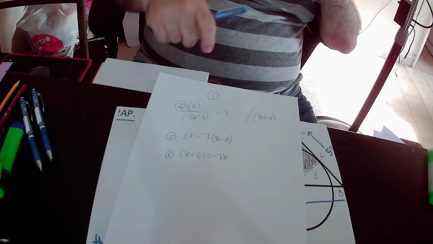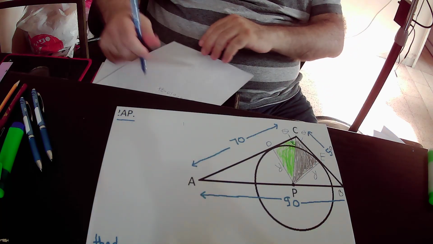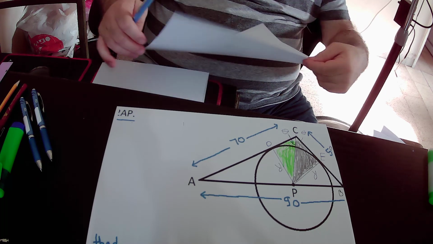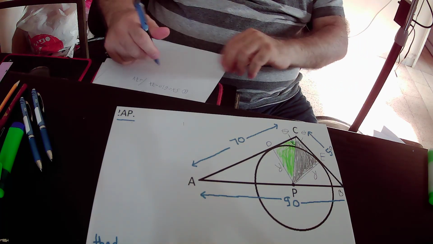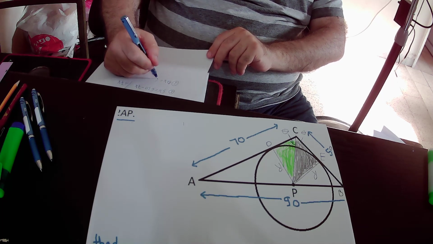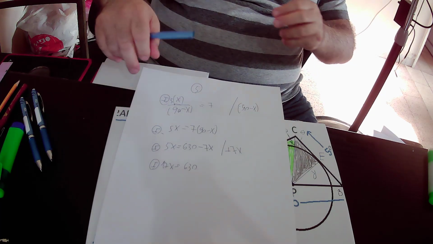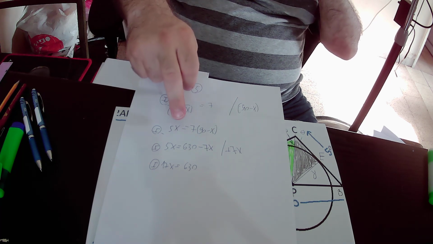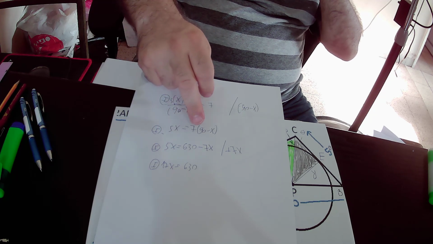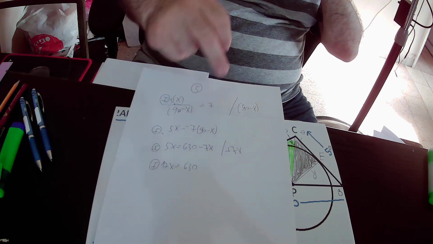Here we will add 7x to both sides of the equation. We will get 5x plus 7x equals 12x, and 630 minus 7x plus 7x equals 630.